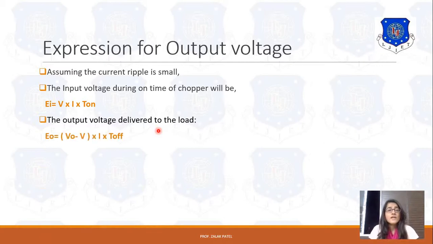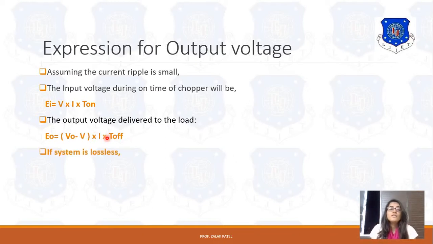If you remember the step down chopper example, in that case also we subtracted the chopping voltage from the original output voltage, so VO minus V chopping voltage. Over here also the output is VO minus V into I, with T off, the off time, considered. Now we have the value of input as well as the output.